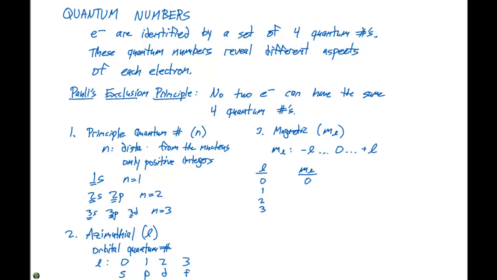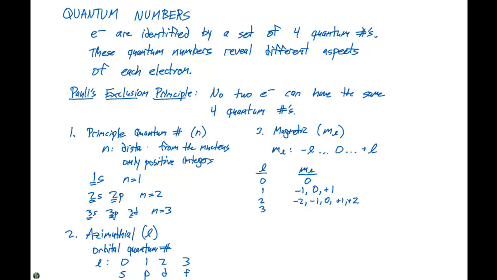If we're in a p orbital with an l value of 1, we can have -1, 0, or +1 for the values of m sub l. If we're in a d orbital, we have to have 5 numbers to indicate that.